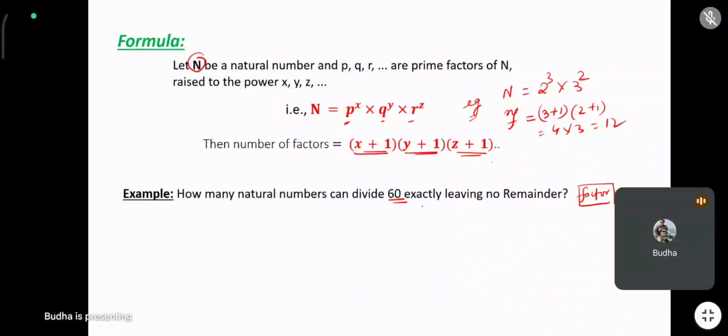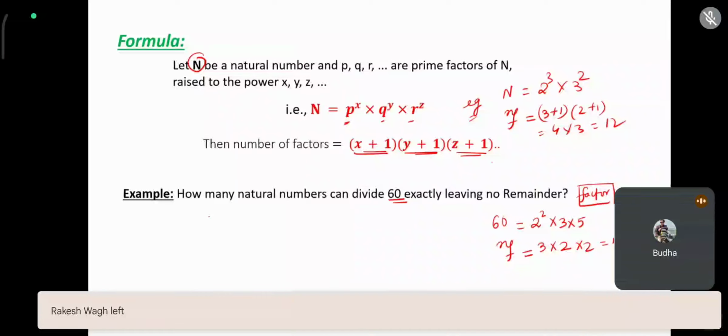So how will I factorize 60? 2 into 3 into 5, 2 square into 3 into 5. Is it like this? Yes. The number of factors would be 3 into 2 into 2. So the answer is 12.